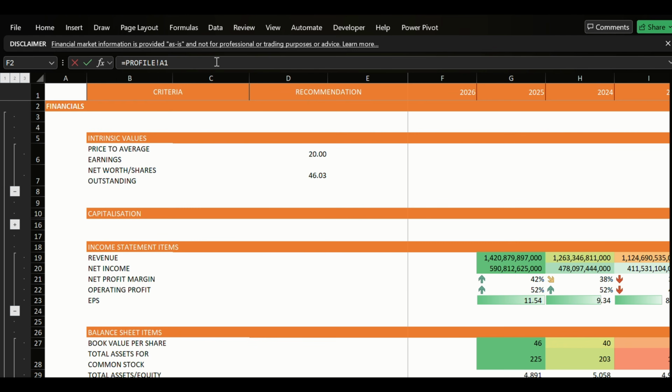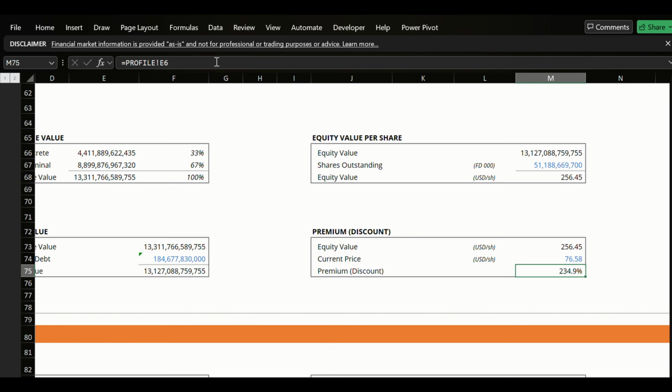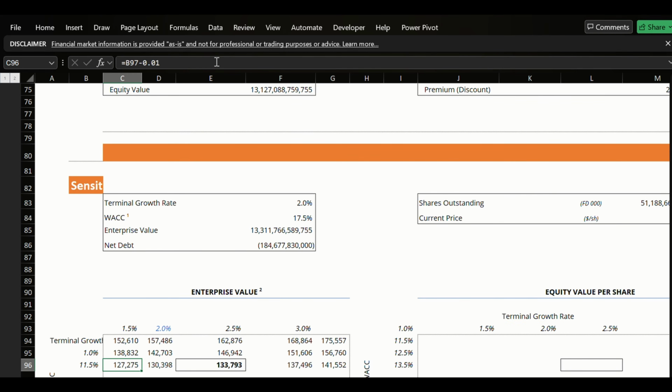So that is the current price minus 1. The equity value is 200 times the current price.